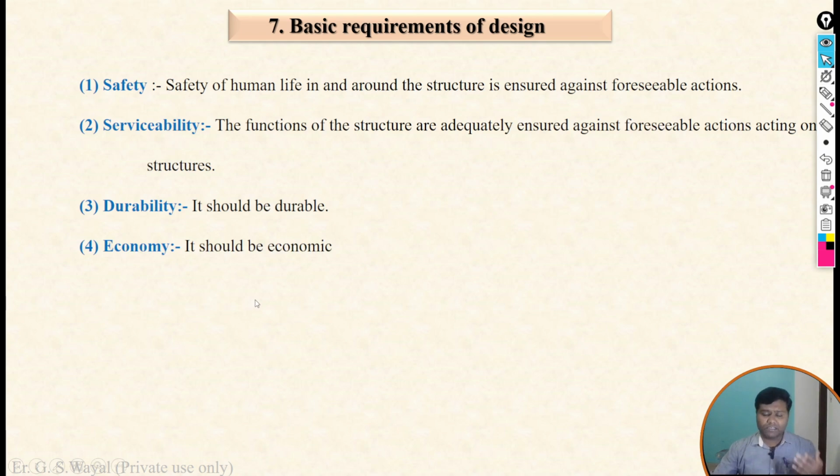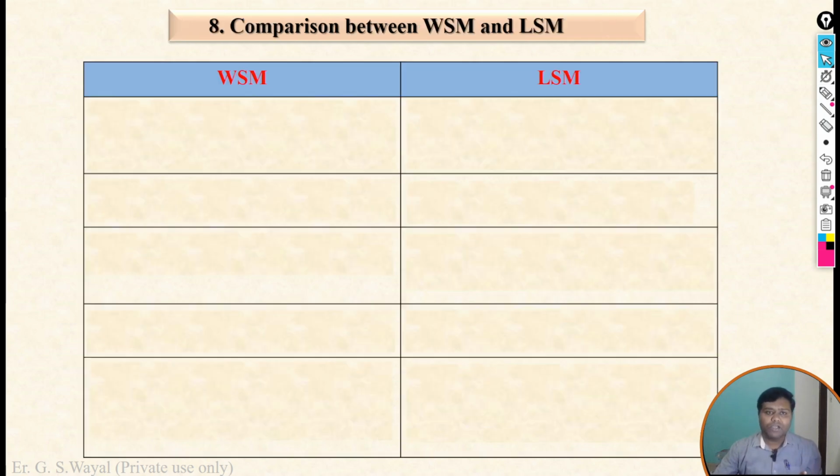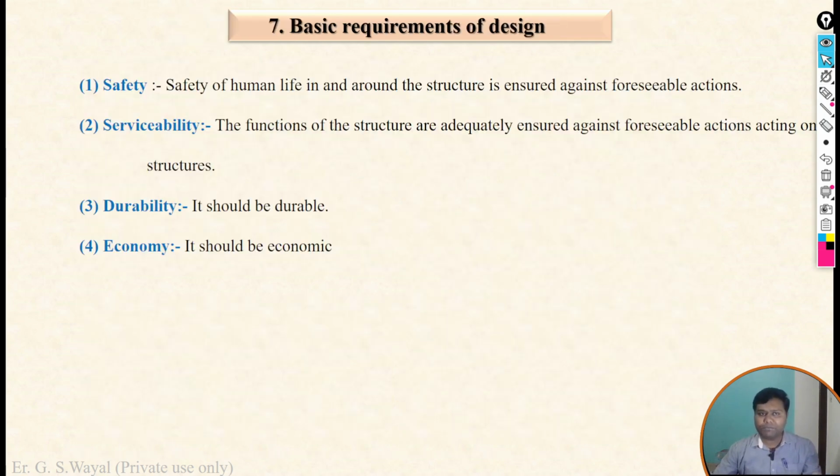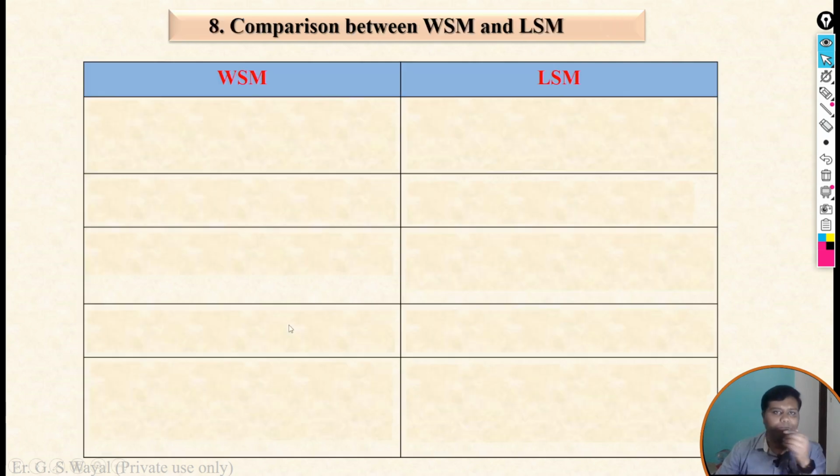Then economy; obviously any member we design should be economical. Whether it is a steel member, RCC member, or timber member, we need to keep these four basic parameters in mind for the design purpose.